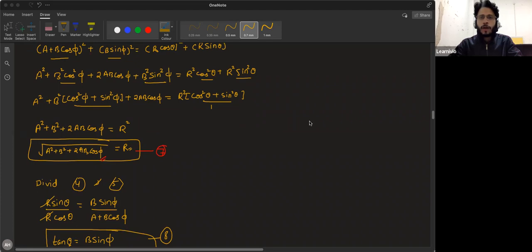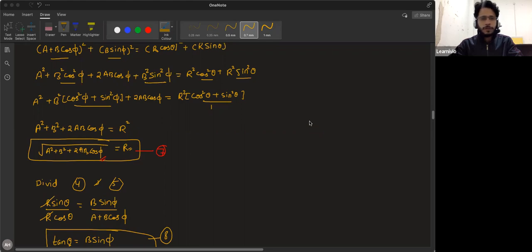And what is phi here? Noah, what is phi here? The phase difference. Meher, how will you connect this phase difference with the path difference? Is there a relation between phase difference and path difference?